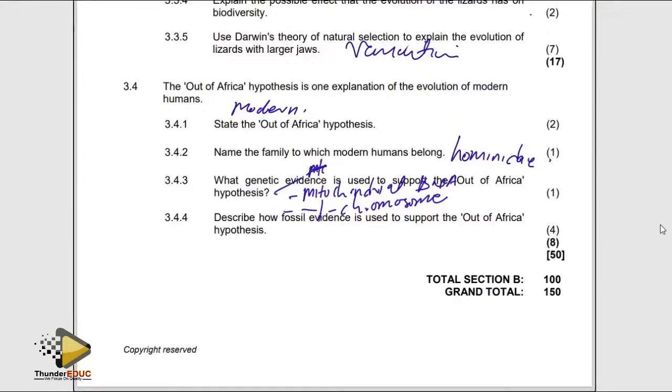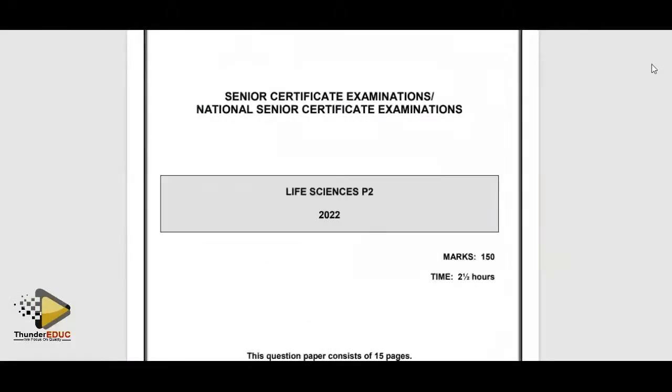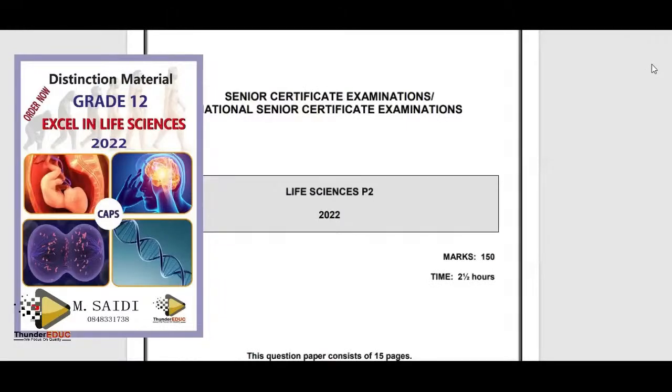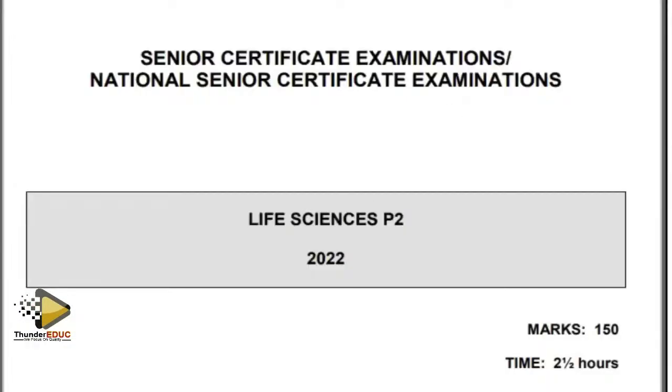As usual, a student asked me a question: how do I use my book of distinction material to get a distinction? I said that whatever question is being asked is indicated in that book, and asked that I should use the 2022 National Senior Certificate Examination to answer that question.